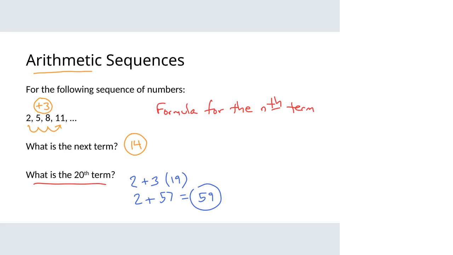Now let's write that formula for the nth term. So the nth term is going to be a, the term that I start with, plus. Now for this particular formula, it was 3. We were going to add 3, but it's not always going to be 3. Instead, we're going to call it D. And what that D stands for is the common difference.